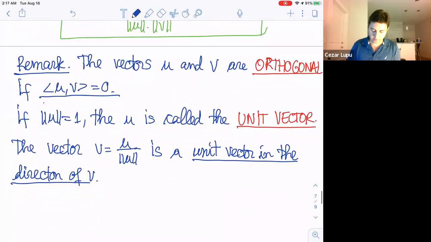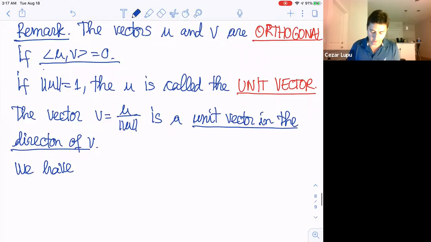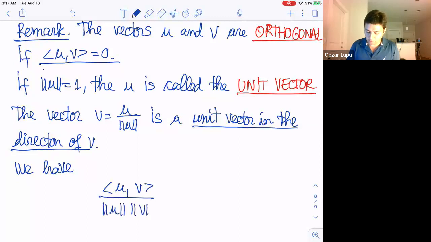Since it is defined by this formula, it implies that the inner product between u and v divided by the norm of u times the norm of v is between -1 and 1.